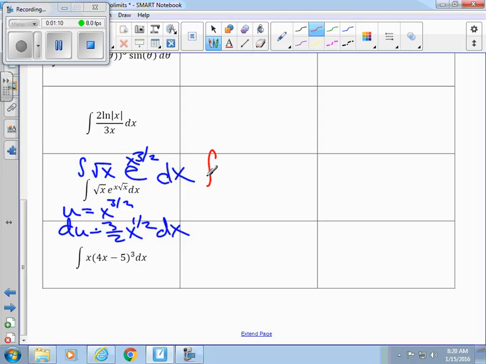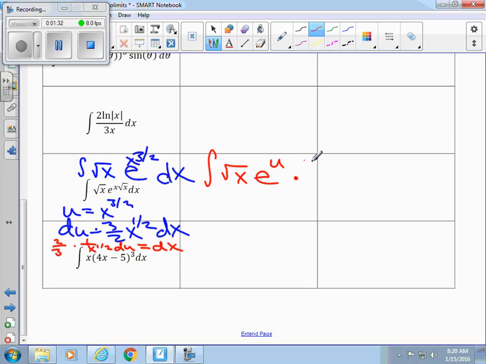So now I can rewrite. Oh, sorry. I should finish this part. 2 over 3 times 1 over x to the 1 half du equals dx. You can solve that however you wish. Somehow you got to get dx by itself.